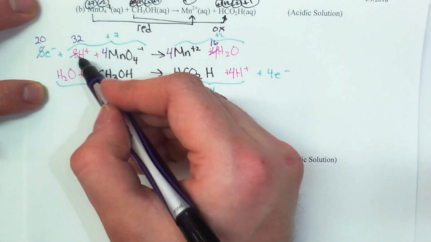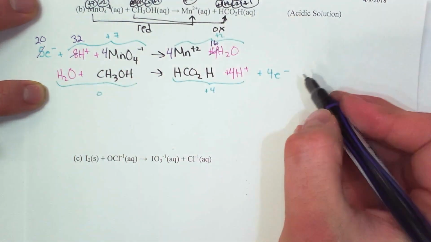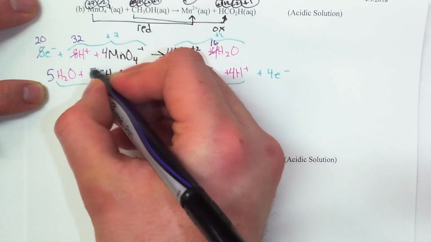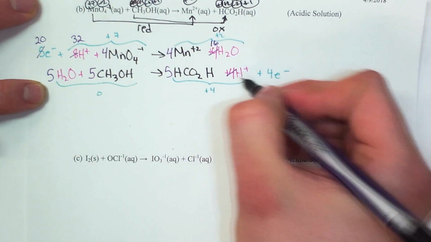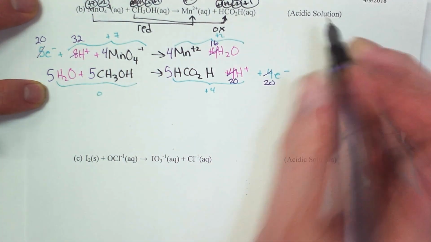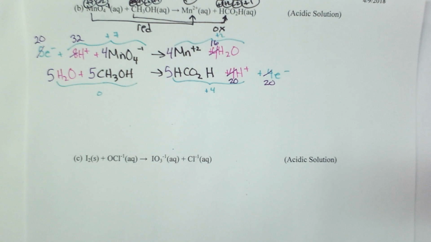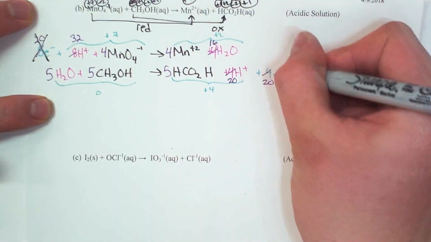Change it to 20, 32, 4, and 16. Multiply this side by 5. 5, 5, 20, and 20. So our electrons are gone.